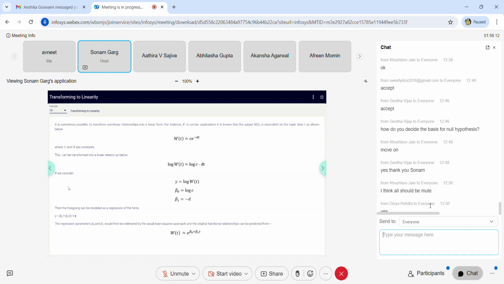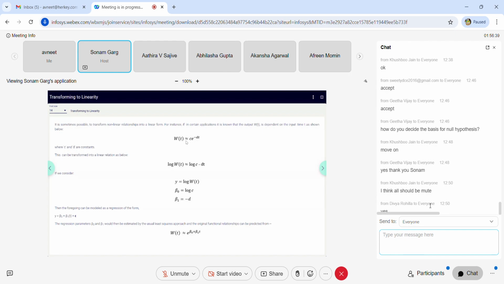But what if the data is not linearly dependent, like how we have an equation here, f(x) equals c times e raised to the power minus dt. It doesn't look as if the data has a linear relationship.